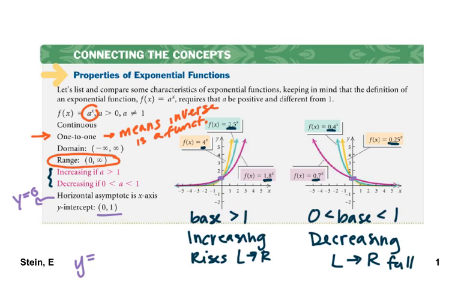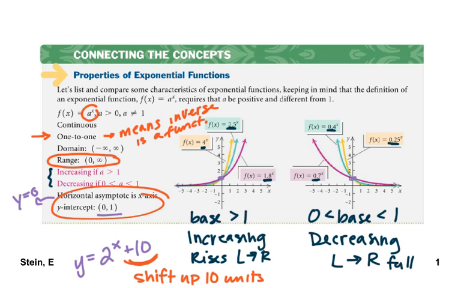What if I had y = 2 to the x plus 10? So remembering everything we've learned about transformations, what does that plus 10 do to that graph? It's going to take that graph and cause it to shift up 10 units. And if it shifts up 10 units, then that asymptote and y-intercept would also shift up 10 units.